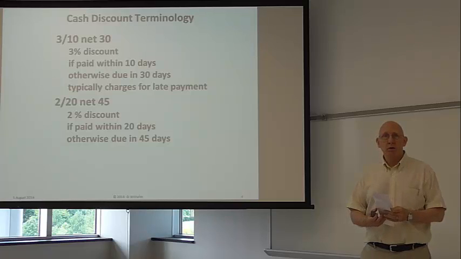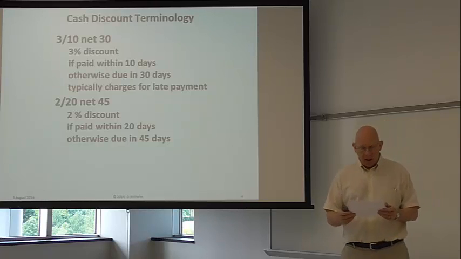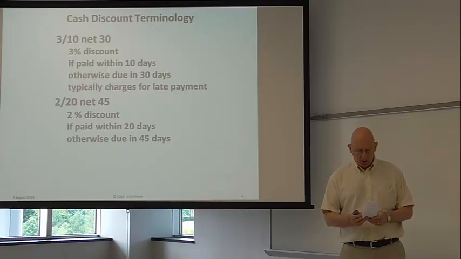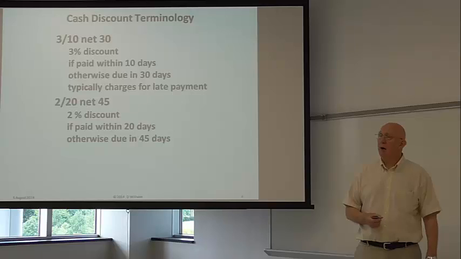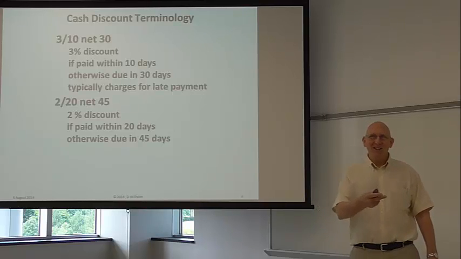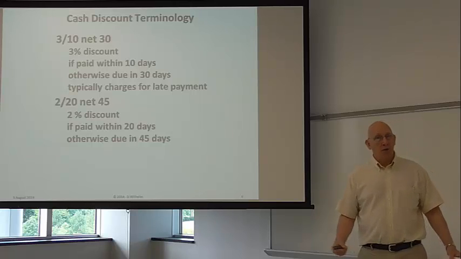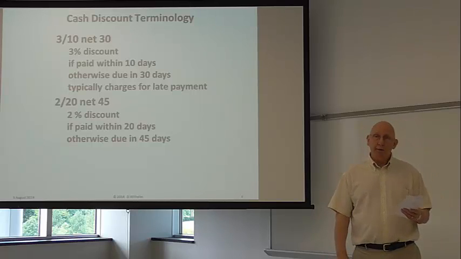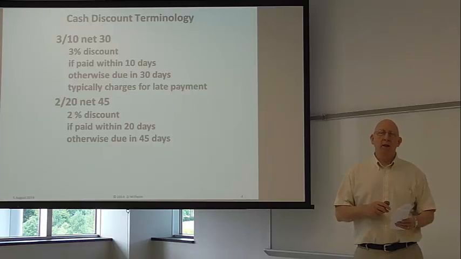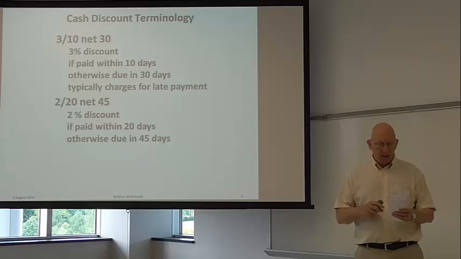A couple typical cash discounts would be 3/10 net 30. What this describes is the seller will give the buyer a 3% discount if they pay within 10 days. If they do not elect to take advantage of this, the bill is due within 30 days.